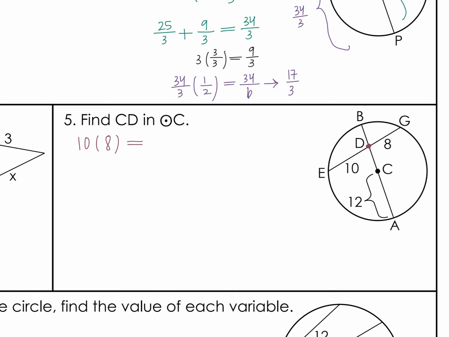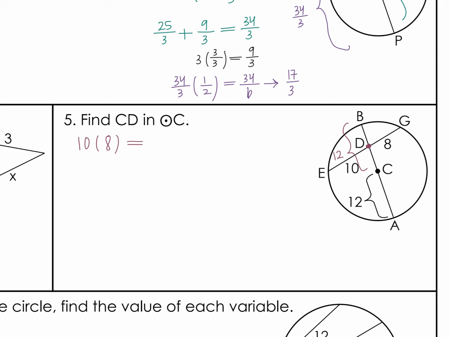is going to be equal to, and when I look at the segment from B to A, I only know that from C to A, my radius is 12. Because we need 2 parts, I can say that that radius is 12. Therefore, this radius over here is going to be 12.